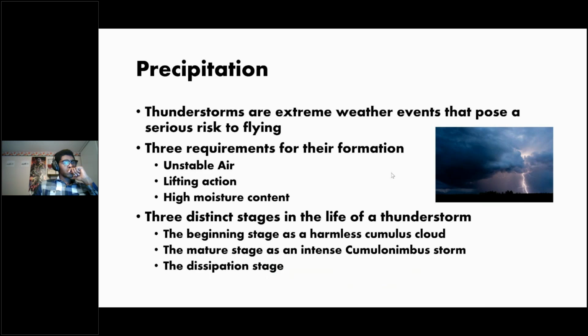For those of you in ground school, you remember nimbus at the end of the name of a cloud means a cloud from which precipitation falls. Then you get to the mature stage as an intense cumulonimbus storm. And then eventually, as with all clouds, it gets rid of all of its precipitation and dissipates back into cumulus clouds, and then eventually gets rid of all the moisture inside of it.